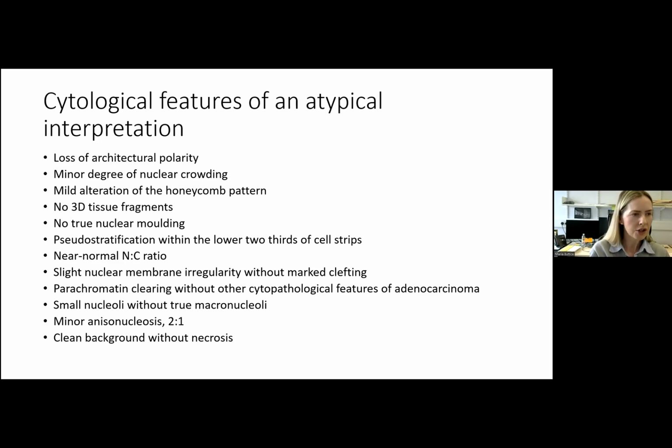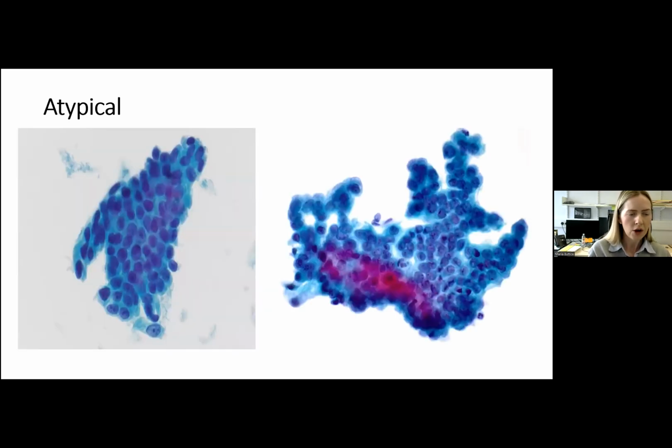So what I'd like to show you is a few pictures of what we would call atypical. Can you see here, I hope you can see my arrows, you still have this sheet arrangement, but there seems to be some sort of disorganization to the architecture. You don't have the honeycombing or lattice, in the way that you can't draw around each cell.